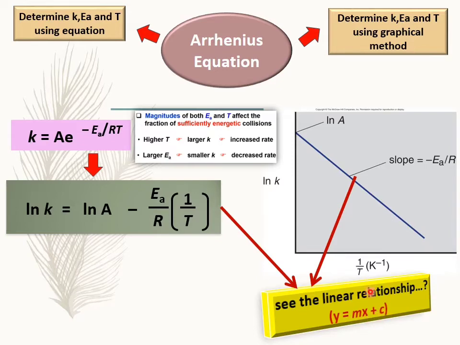So kena relatekan dengan this formula. Macam mana tu? Saya tunjuk dekat you all. Okay, so kita tahu tadi kita punya y-axis adalah ln k. So y-axis ln k sama dengan ln A ni adalah kita punya y-intercept. Okay, minus, sebab ni dia minus kan.